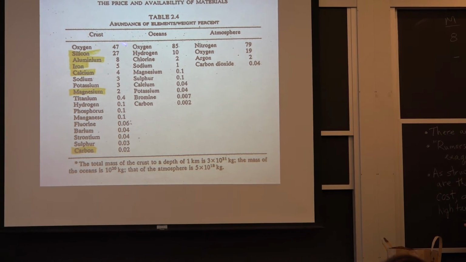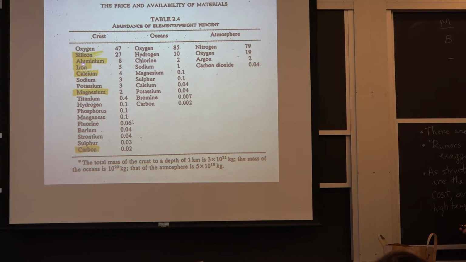Oxygen is the most abundant, silicon is the second most abundant, aluminum, iron, calcium, and magnesium. And it turns out I'm going to show you that these actually are in those billion-ton per year category.